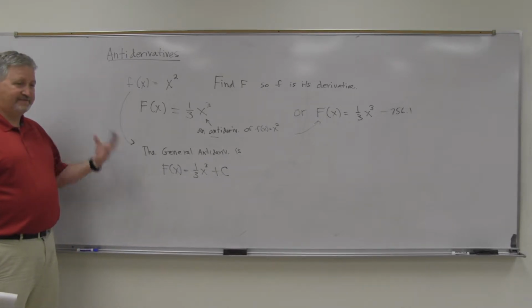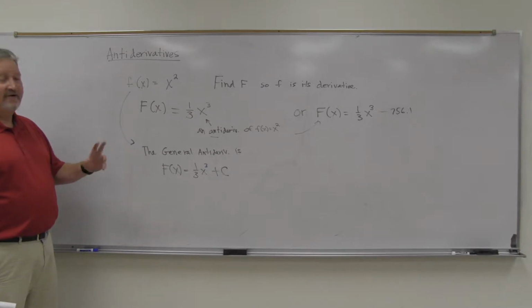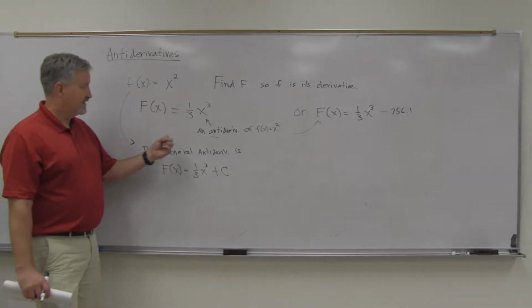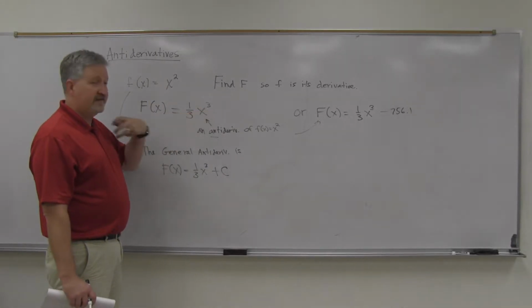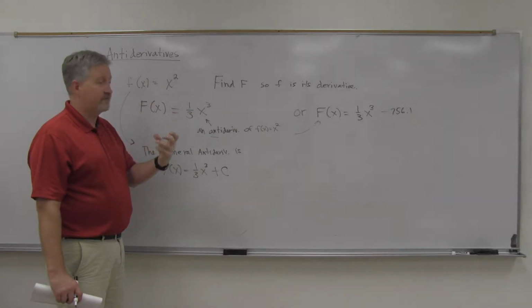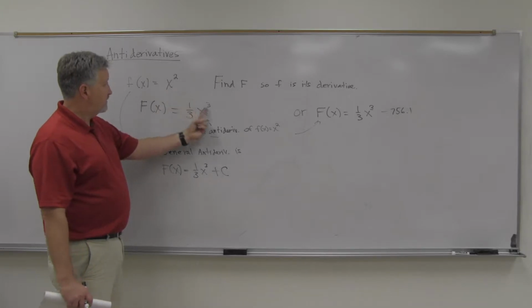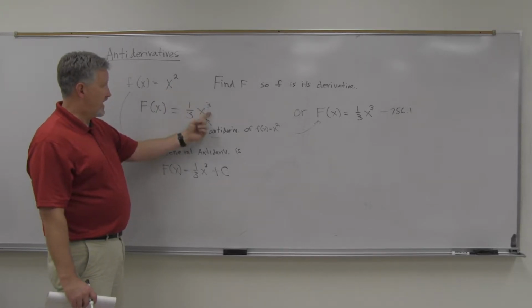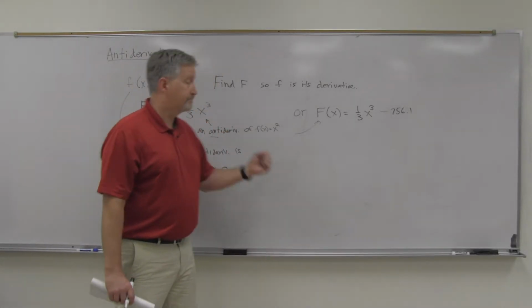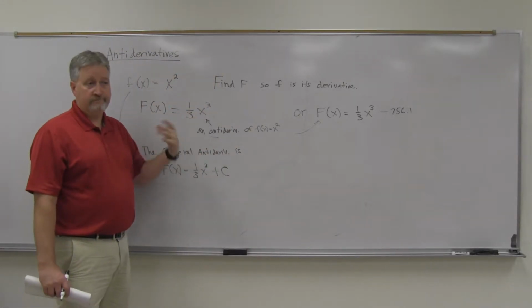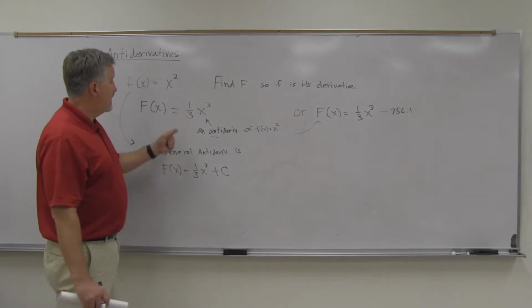Now, to help us along the way, let's think about what actually happened. It's an opposite process altogether, because to get this antiderivative, I've added one to the power. In a derivative, you subtract one from the power; in an antiderivative, you add one. So that makes sense for opposite. And then what else did I do?